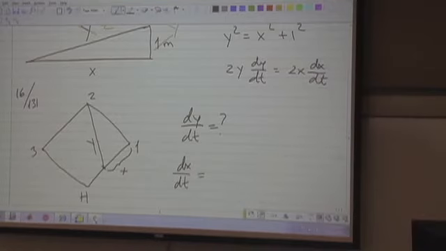He's running at 24 feet per second. Negative 24 feet per second, right? Does that make sense? The key idea is it's getting smaller. So the question is, what is dy over dt when x is equal to 45? Does that make sense? Okay.